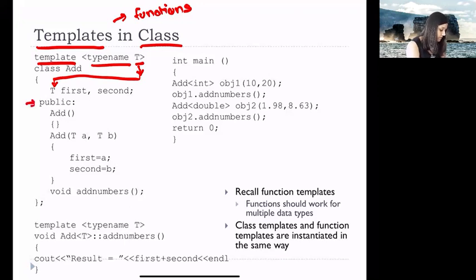Then, as is common, we have the public label, and you have add with empty brackets and empty curly braces. Can anybody recognize what this is? What do we call it in C++? It is a default constructor.